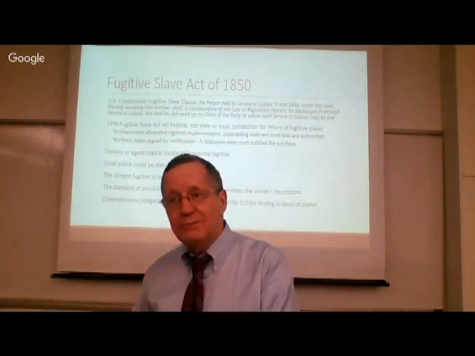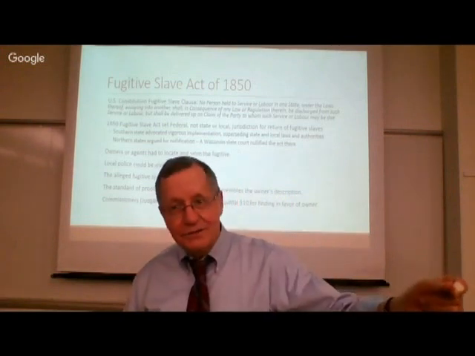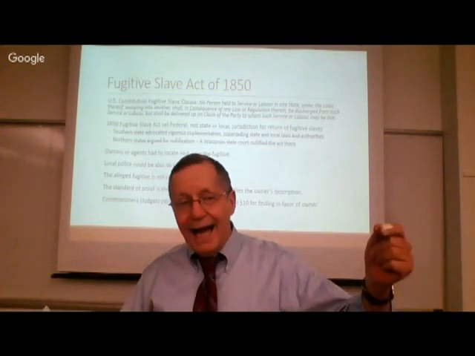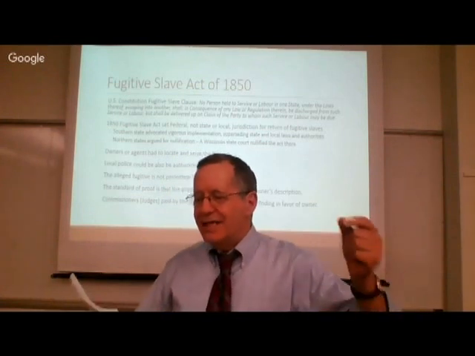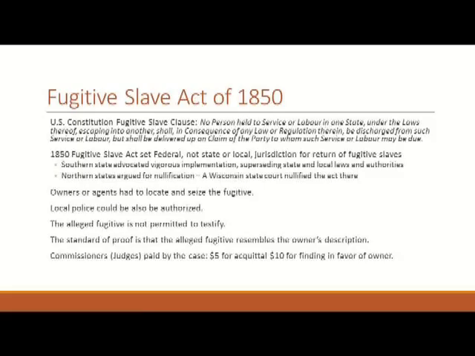It no longer says this because slavery was abolished, but it said no person held to service or labor in one state under the laws thereof, escaping into another, shall, in consequence of any law or regulation therein, be discharged from such service or labor, but shall be delivered up on the claim of the party to whom such service or labor may be due. In the Constitution of the United States. I mean, like the Bill of Rights, it's just right there.